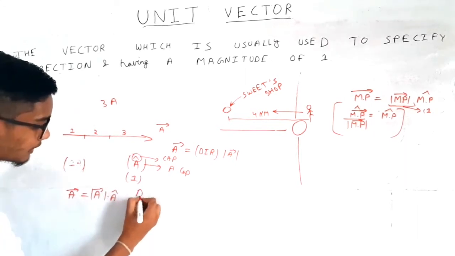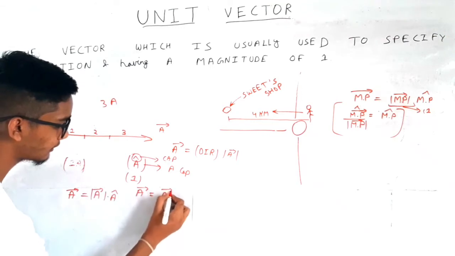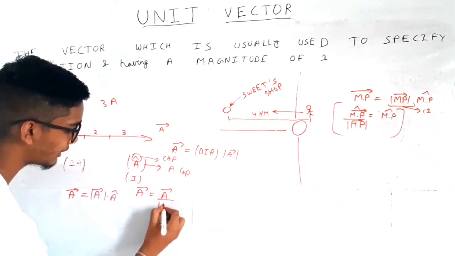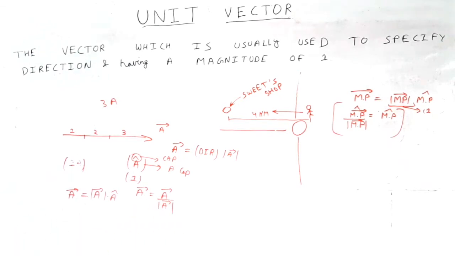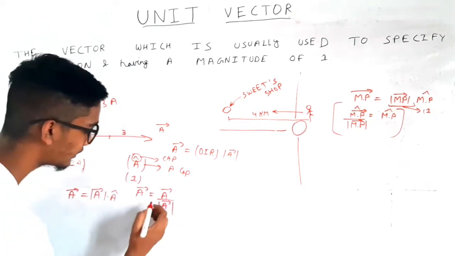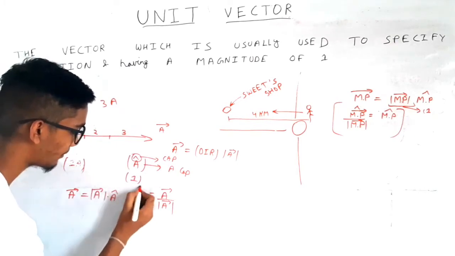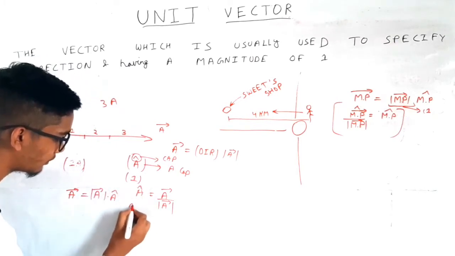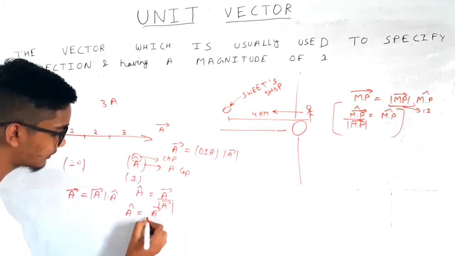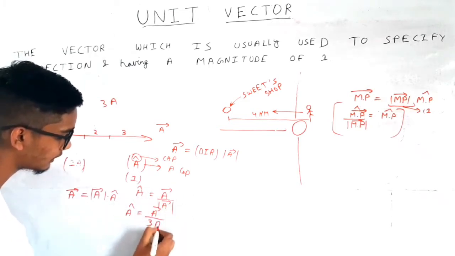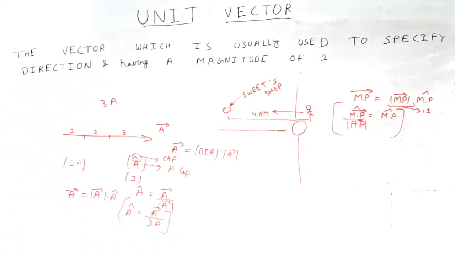Then A cap will be vector A divided by the magnitude of vector A. What is the magnitude of vector A? 3. So A cap is equal to vector A divided by 3. This is how we calculate unit vectors.